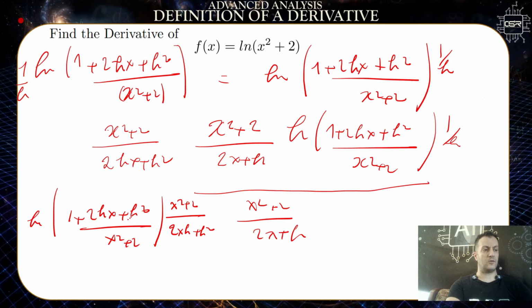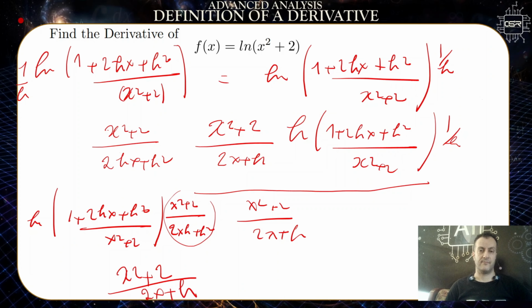This becomes the entire quantity here, because 1 plus something to the power of 1 over something, given that this power here is the inverse of the inside, this becomes e, or the exponential. So ln e is equal to 1, and we are left with x squared plus 2 divided by 2x plus h in the denominator. So it is 1 over all of that. Hence, the answer is, you flip it again, 2x divided by x squared plus 2.